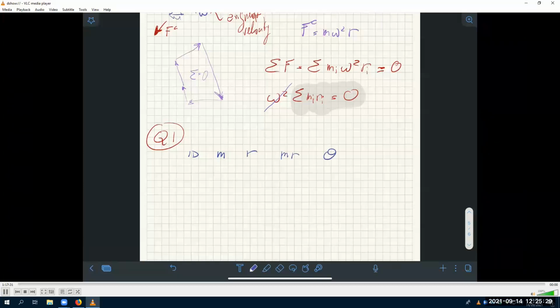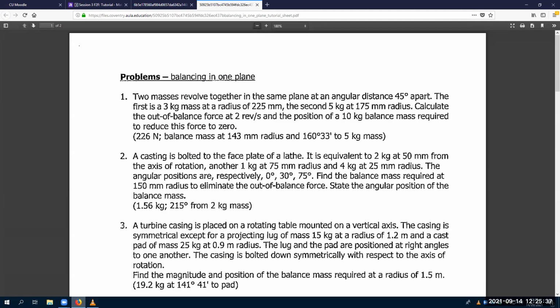And we have mass 1, a 3 kilogram mass at 225 millimeters, and at 0 degrees, I said, because this is my reference.